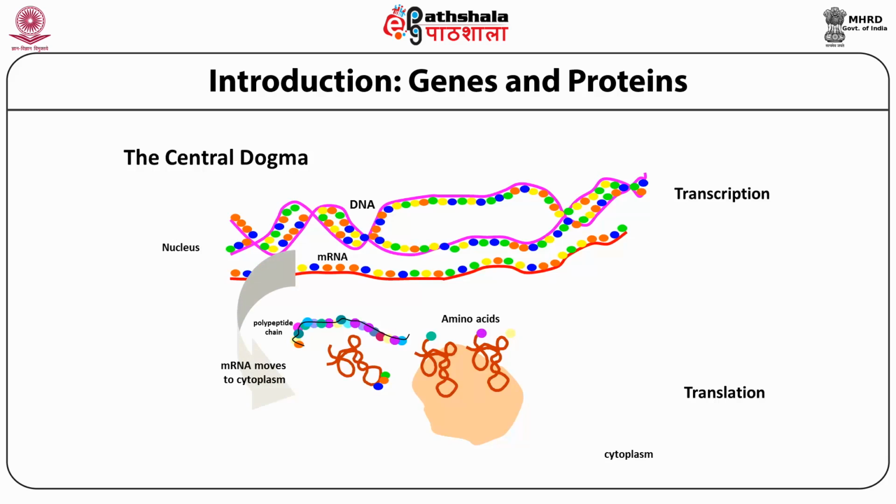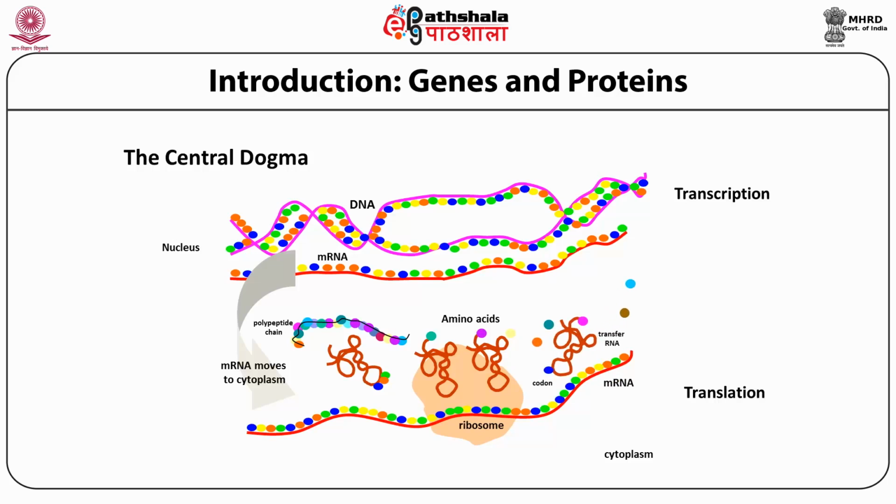Once in the cytoplasm, the messenger RNA interacts with a specialized complex called the ribosome, which reads the sequence of messenger RNA bases called codons that code for a particular amino acid. A type of RNA called the transfer RNA assembles the protein by putting together one amino acid at a time until the ribosome encounters a stop codon.